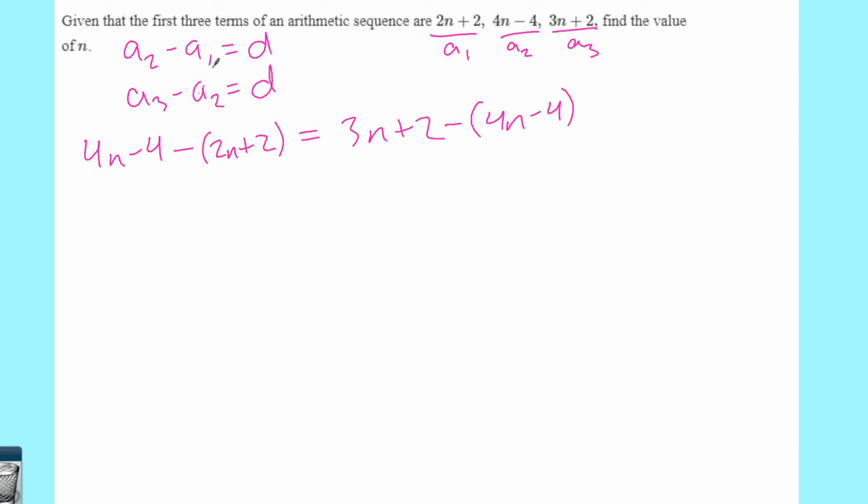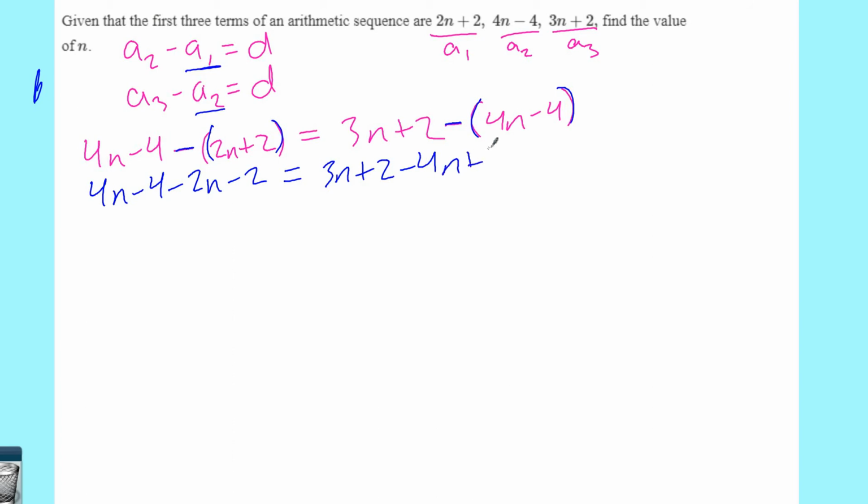Now notice when I wrote the second term and the first term, I put parentheses around them. That's because I was subtracting and I want to make sure that you distribute that negative. So you get 4n minus 4 minus 2n minus 2, and 3n plus 2 minus 4n plus 4. Came out a little funky.